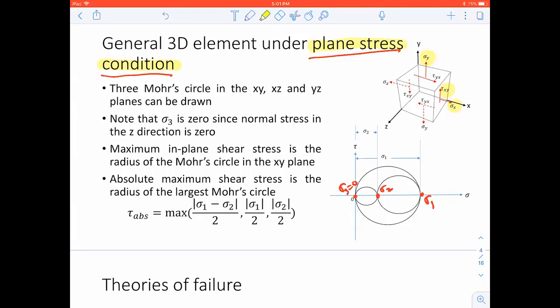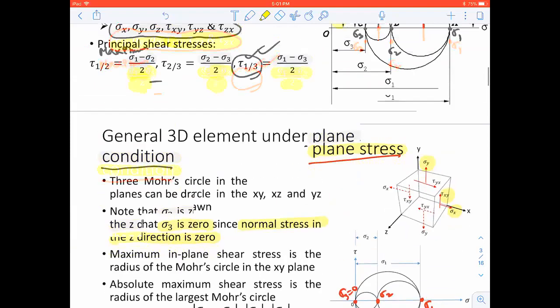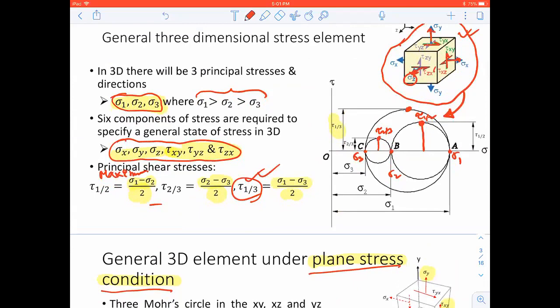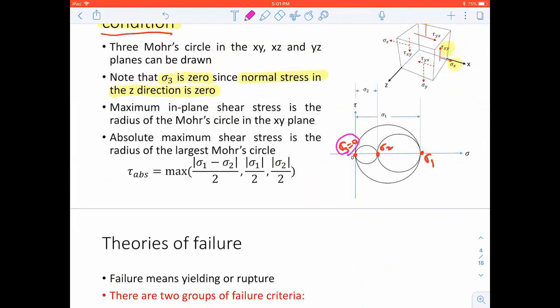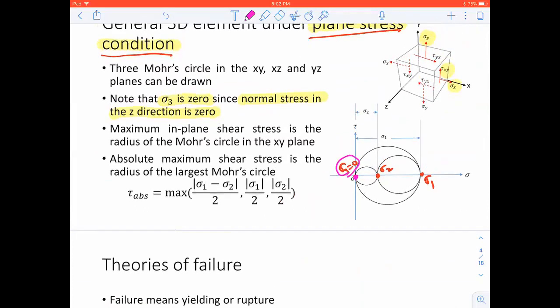Because the normal stress in the z direction is 0. If it is non-zero, then you have a sigma z, and this point is not at the origin. Whereas over here, this point is at the origin, because sigma z is 0 here.